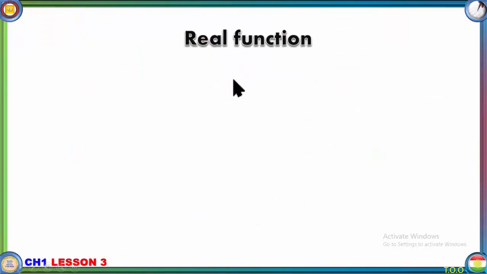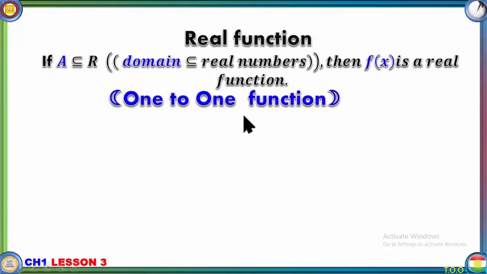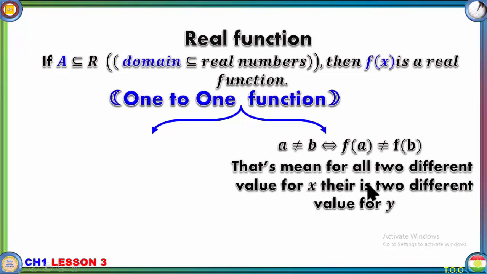Real function. If A is a subset of R, that means if the domain of the function is a subset of the real numbers or equal to the real numbers, then f of x is a real function. One-to-one function. For all a not equal to b, if and only if f of a is not equal to f of b. That means for two different values of x, there are two different values of y.